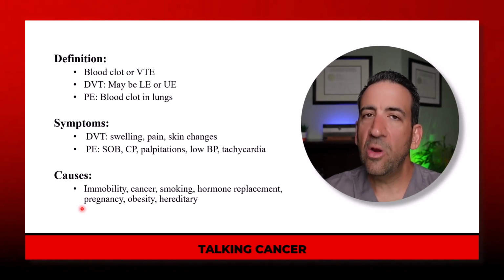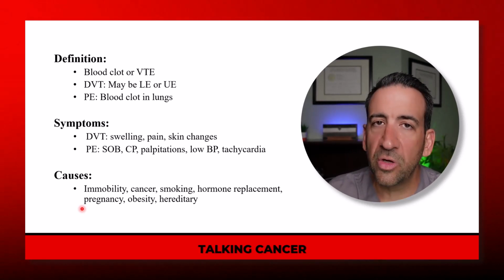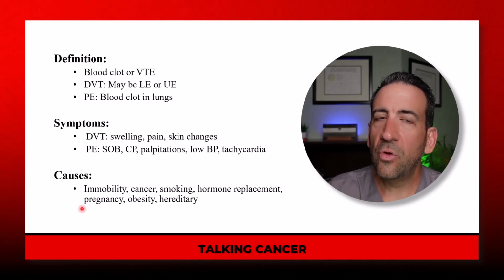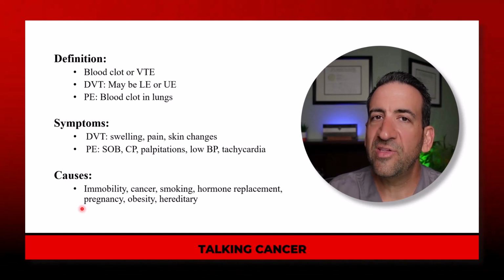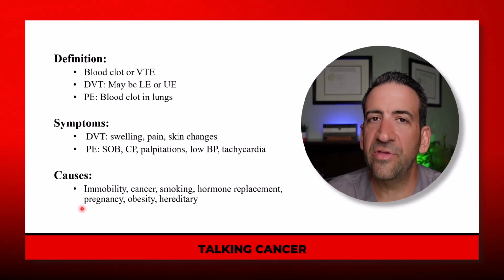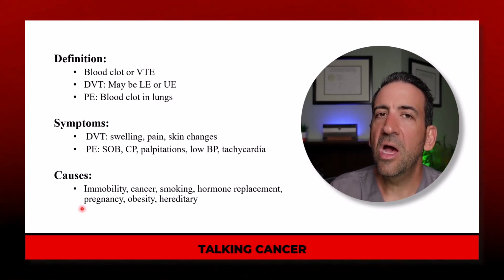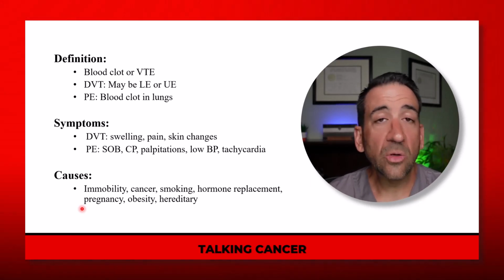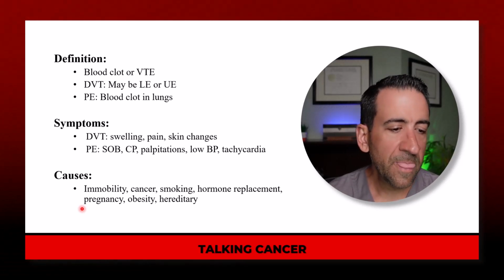Now, most pregnant women, especially when they're further along, do end up with some degree of swelling of their legs. So most pregnant women will not develop a blood clot. But if you notice excessive swelling of the legs, or edema as we say in medicine, more so on the left than the right, think of the possibility of a DVT. Now, some can get it on the right. I'm just saying that it's more common on the left.